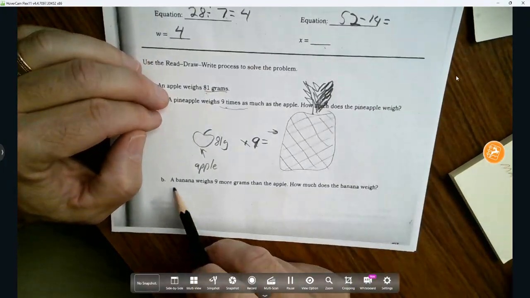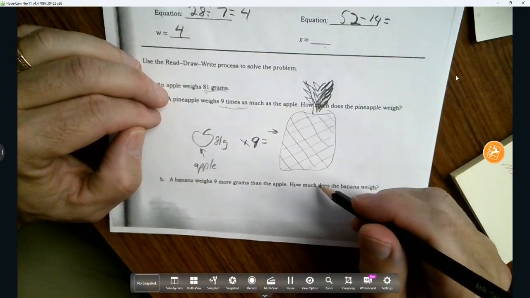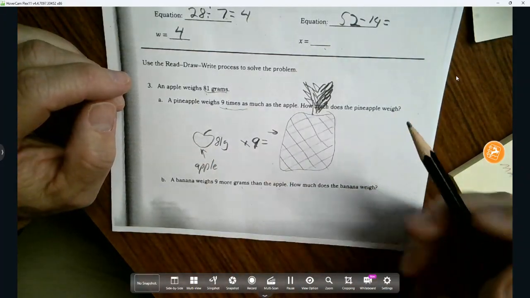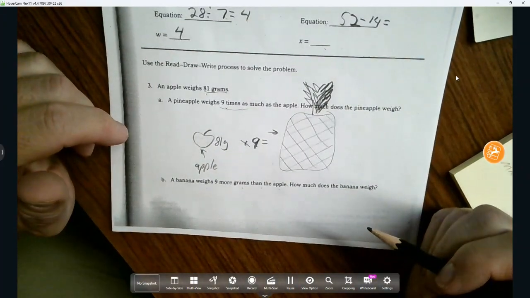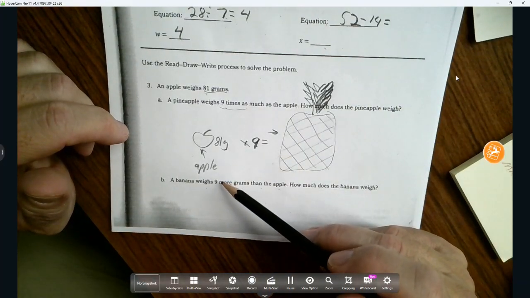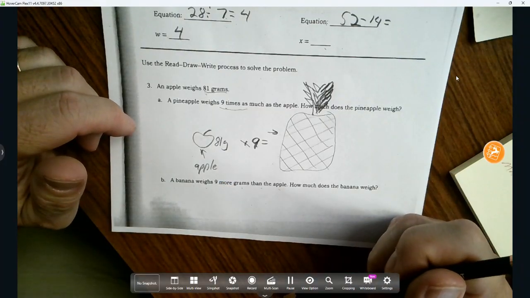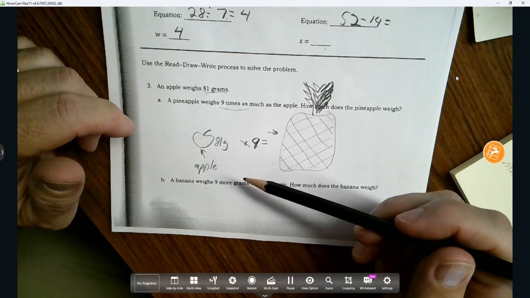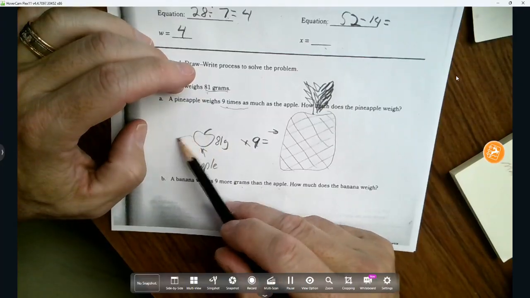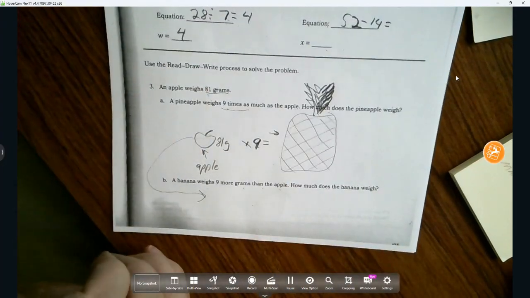All right. A banana weighs 9 more grams than an apple. How much does the banana weigh? I'm not drawing these out again. You guys are already teasing me about my apple. I tried. It's better than no apple. The banana weighs 9 grams more than the apple. So here's the apple. You bring that apple down here, and it weighs 9 grams more.